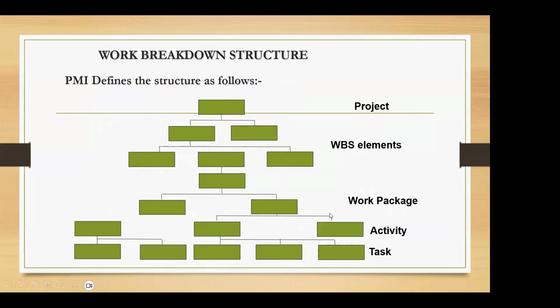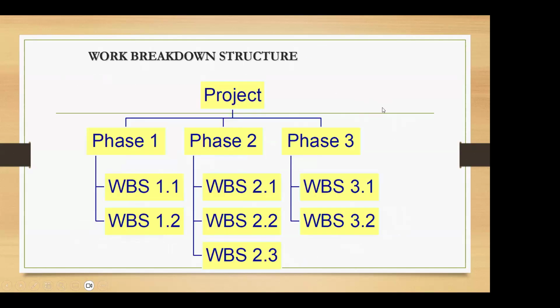And the lowest level in our work breakdown structure, we call them work packages. And these work packages can be further broken down into activities, and each activity can also be broken down into further tasks.